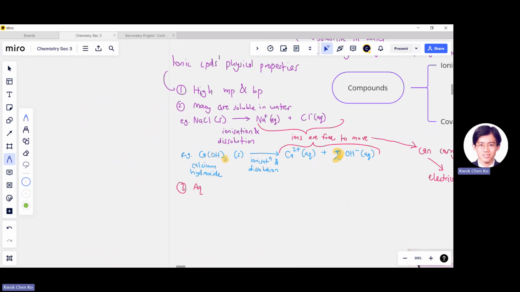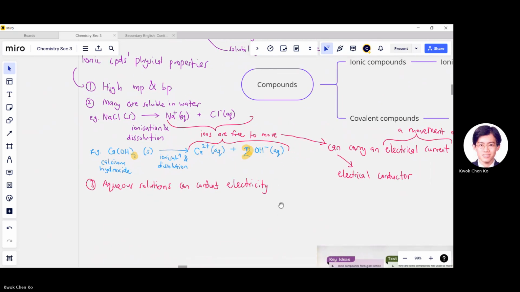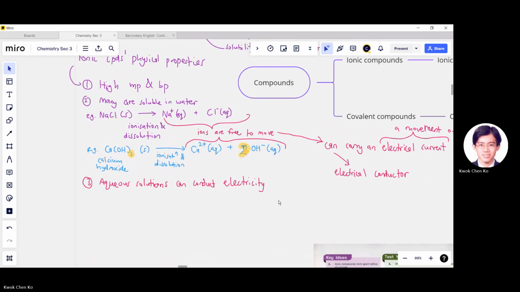Aqueous solutions can conduct electricity. And of course, to explain it, you use about the same words.